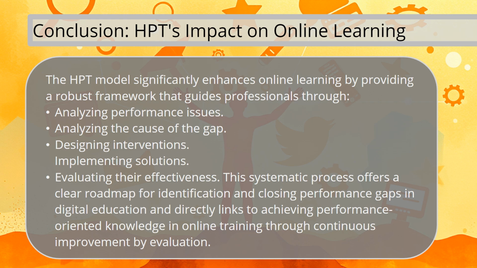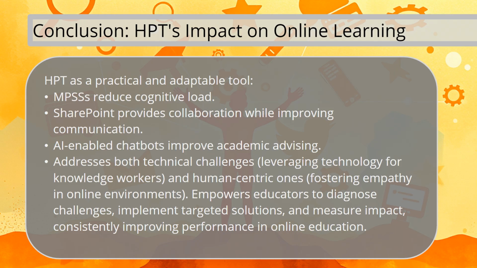This structured approach offers a clear roadmap for identifying and effectively closing performance gaps within digital education. It directly links to achieving performance-oriented knowledge in online trainings, driven by a cycle of continuous improvement through ongoing evaluation. HPT truly stands out as a practical and adaptable tool for online learning environments.